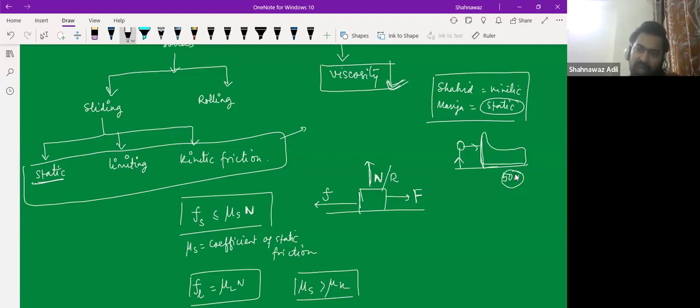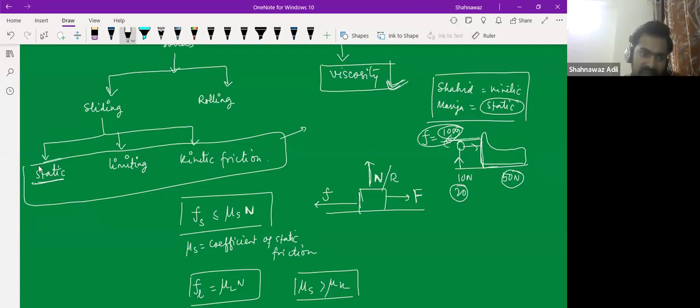If this person is applies 10 Newton force, then the sofa will apply the same force, 10 Newton. So static friction is 10 Newton. And if it is applying 20 Newton force, again the sofa would apply the same force, 20 Newton.